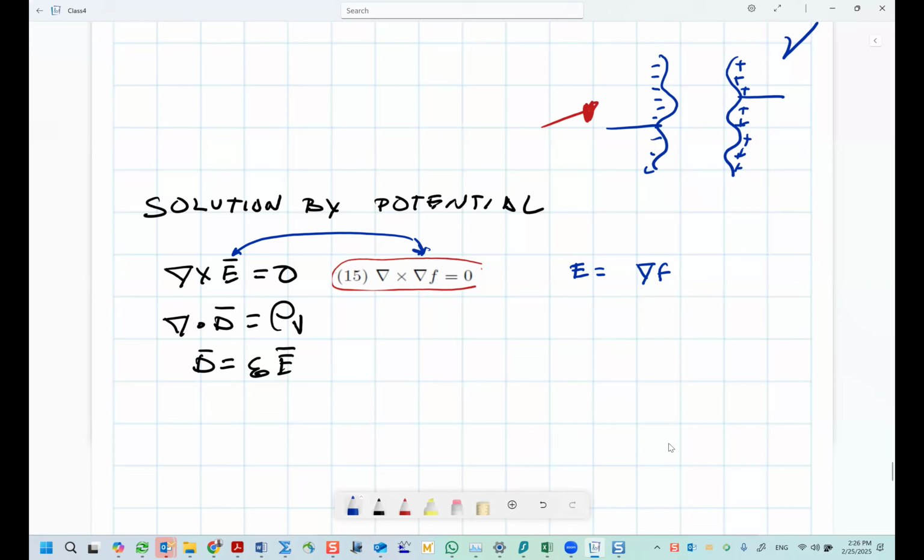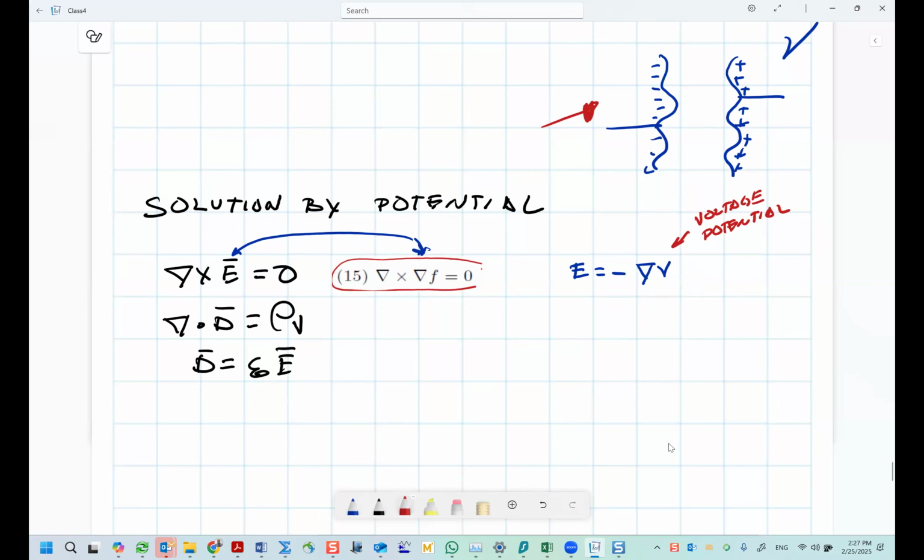Now, what we do typically is we do that, but we prefer to use the negative sign because this F, what we're going to do with this F is say this is V, the voltage, or potential, or any way you want to call it.